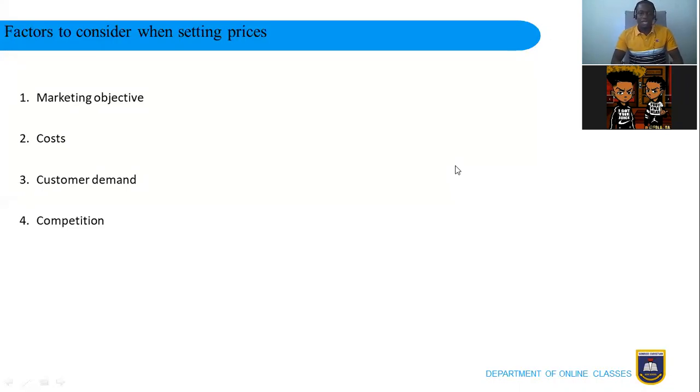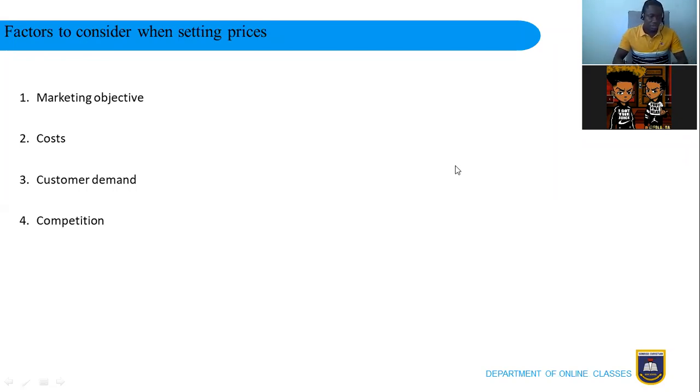And basically, some of these products have to do with necessities. You get it? Because you need it. So whether the price has been increased or decreased, definitely your demand remains constant. So usually what they do is that when they realize the product is inelastic, no matter what the price is, definitely they will buy.